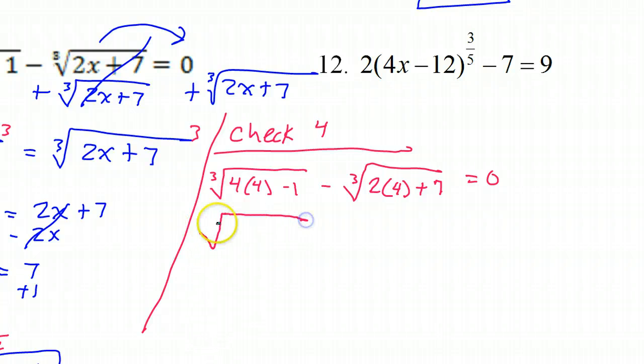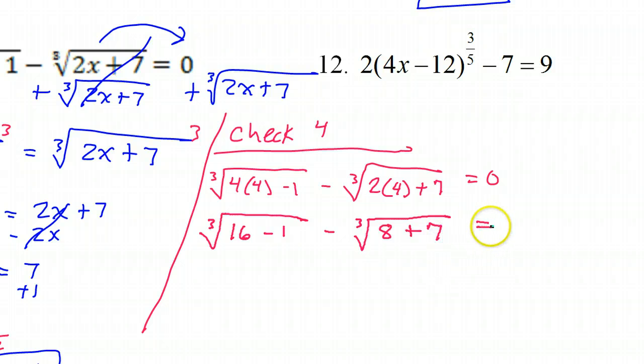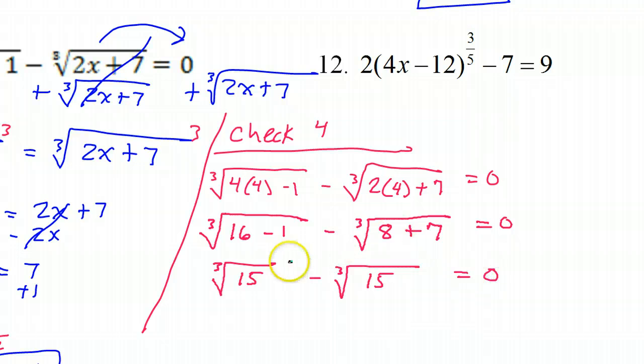So this would give us the cube root of 16 minus 1, minus the cube root of 8 plus 7. So this is going to be the cube root of 15, and this will be the cube root of 15. Alright, the cube root of 15 minus the cube root of 15 is 0. So 0 equals 0, so it checks out.